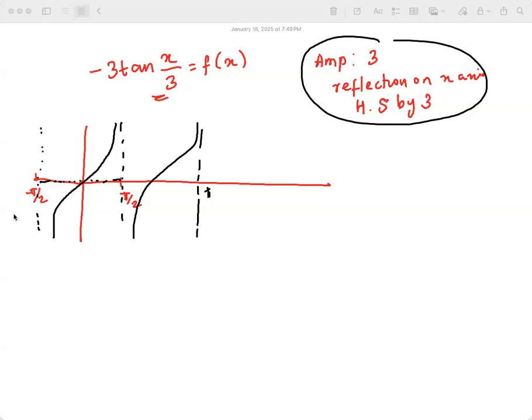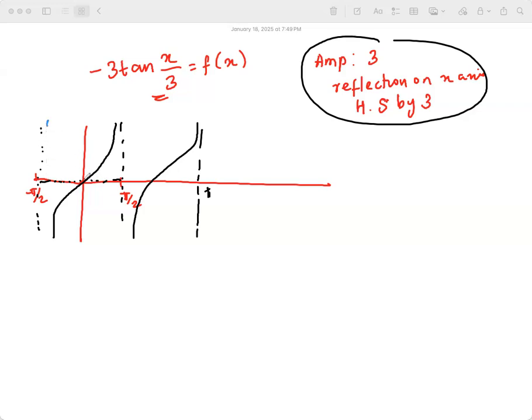As x approaches negative pi by 2, y will approach infinity, and as it approaches pi by 2, it'll approach negative infinity.